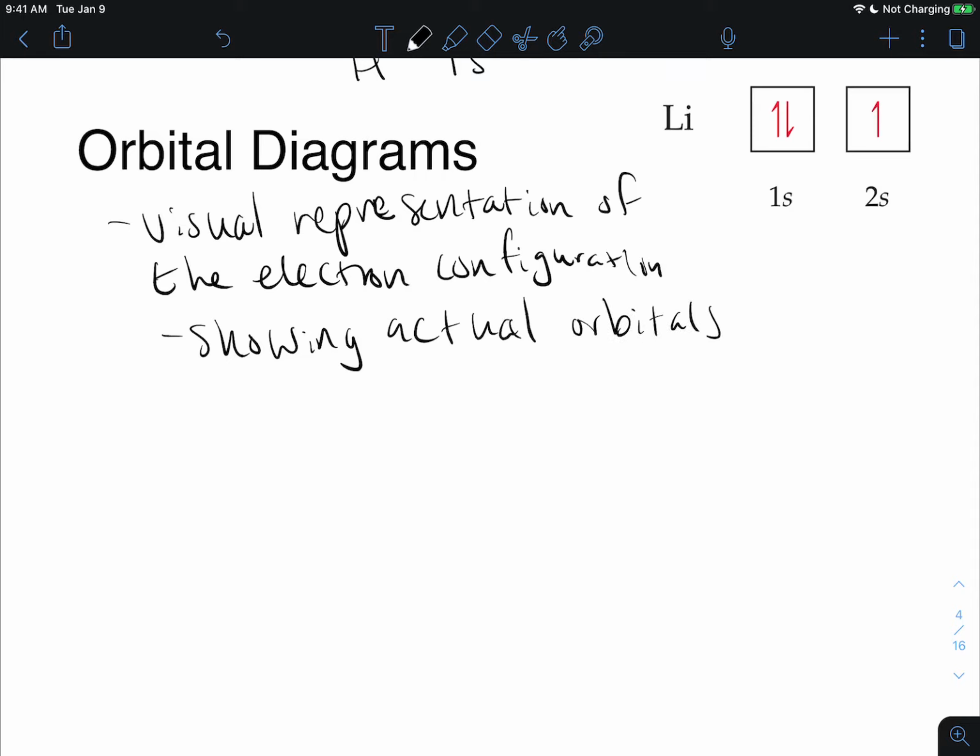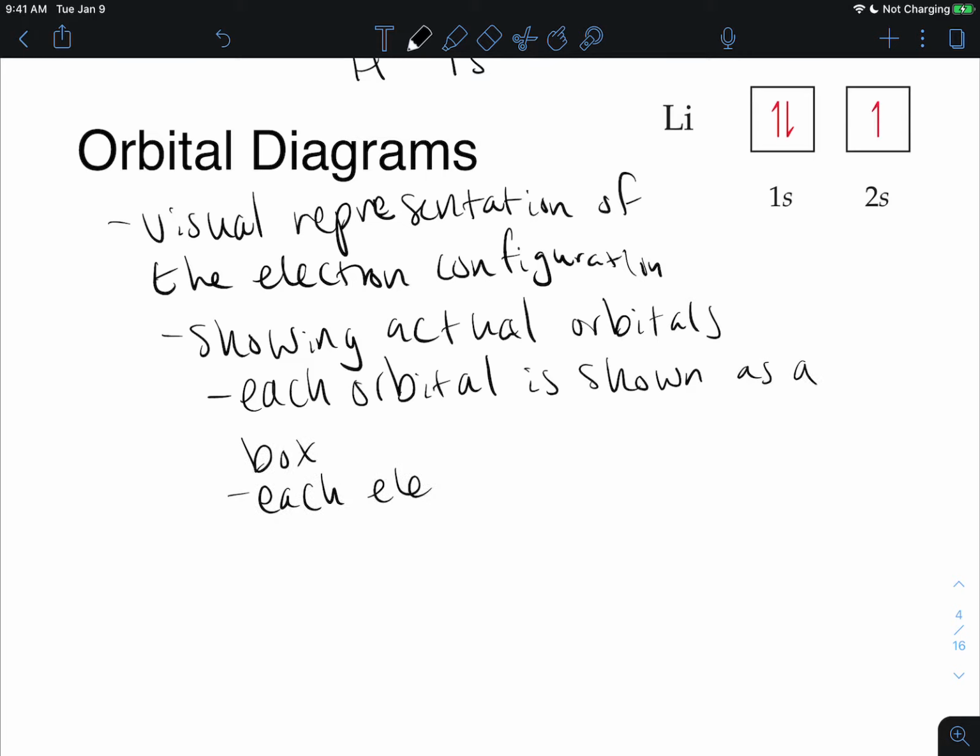So it gives a little bit more information. So each orbital is shown as a box, and each electron is shown as an arrow. With our orbital diagrams, we're not only putting things in reference to their energy, but we're also obeying Pauli's exclusion principle and Hund's rule.